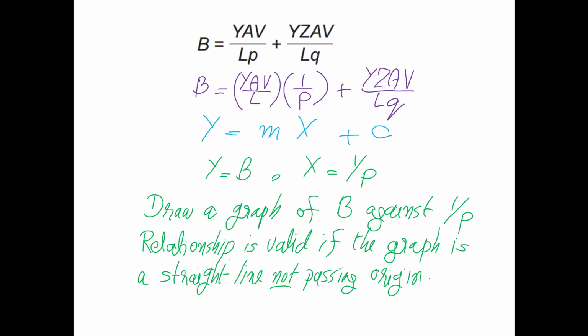Now look at the derivation. This is a mathematical generalization, but this time it's simple work. The equation is already well organized. Just write 1/p separately, then compare it with y = mx + c. You need to draw a graph of B against 1/p. Then comes the famous sentence: the relationship is valid if the graph is a straight line not passing through the origin.